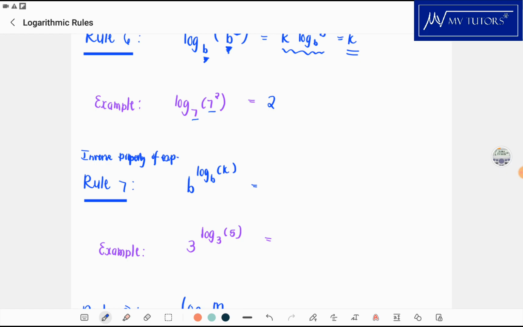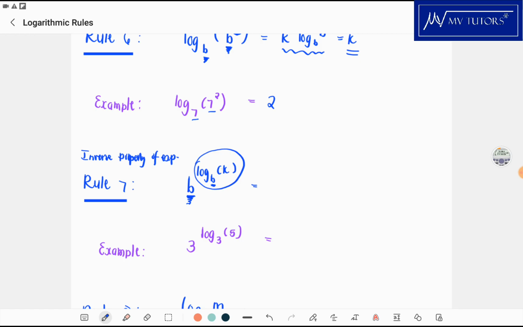So what does that rule say? It says raising the logarithm of a number to its base. Remember, we have a base here. If you raise this entire logarithm to its base, base b, raising the logarithm of a number to its base is equal to the number.